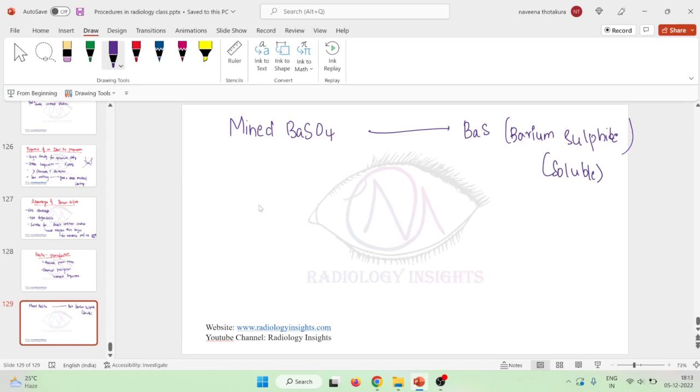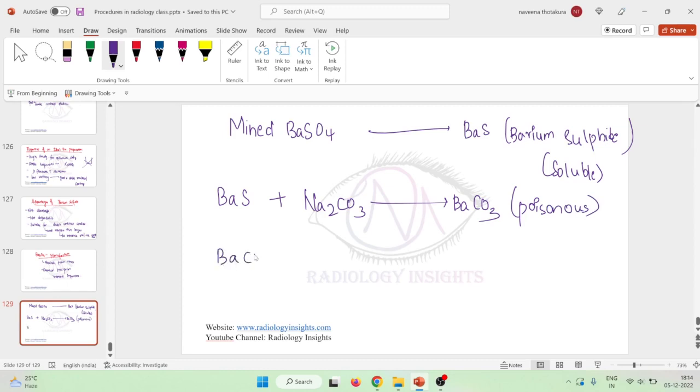Now, this barium sulfide will combine with sodium carbonate and it results in barium carbonate. Now remember, this barium carbonate is poisonous. Again, this barium carbonate will combine with sulfuric acid and it gives barium sulfate and H2CO3.